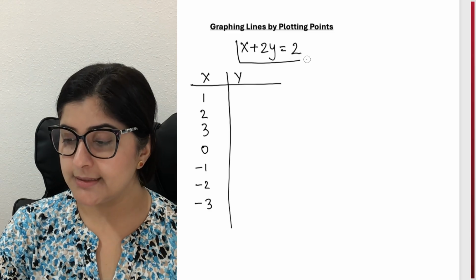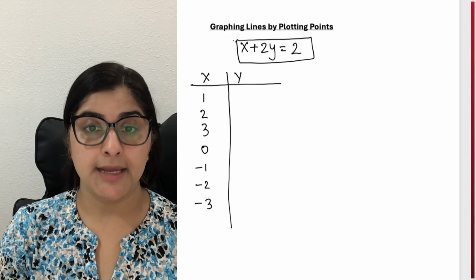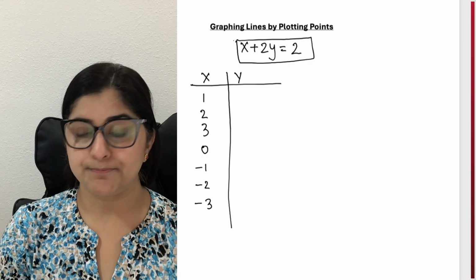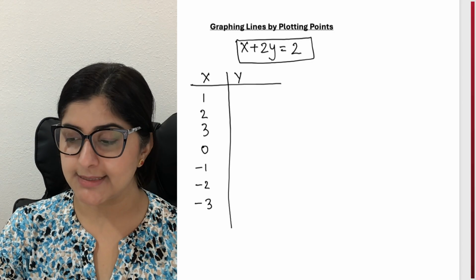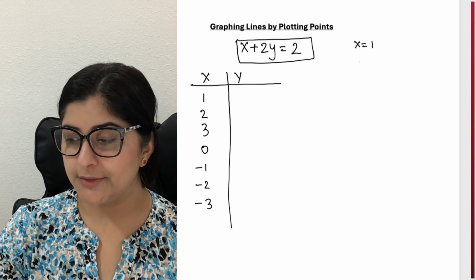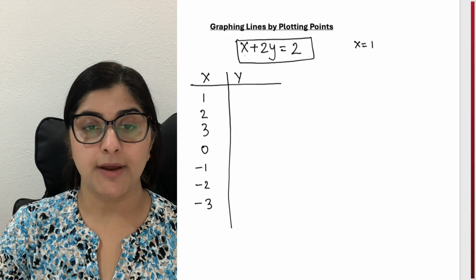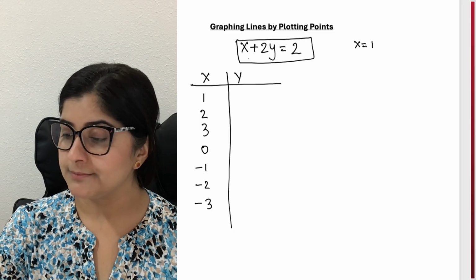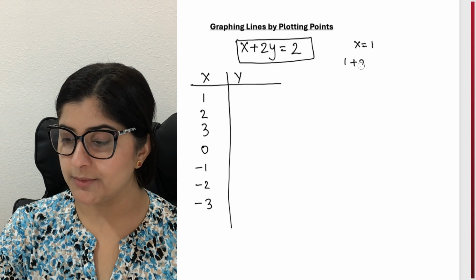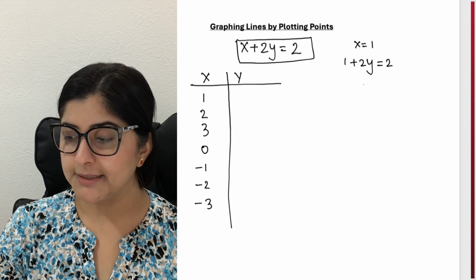So here, this is the relation we are given, or the line equation we are given. This line equation gives us a relation between x and y. So what we can do, we can plug in x values one by one here and find the corresponding y value. When x value is 1, replace x with 1 in this equation and solve for y.